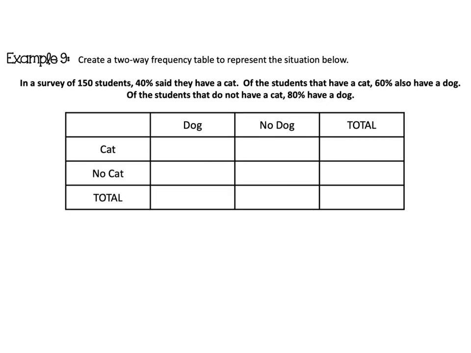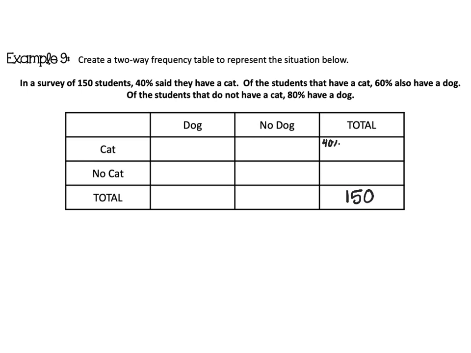Now I want you to look at this table, and it's a little bit different. So we'll do this one together as well. So there are a total of 150 students. So I'm going to put that in my grand total box, okay? 40% said they have a cat. So that's 40% of the total do have a cat.